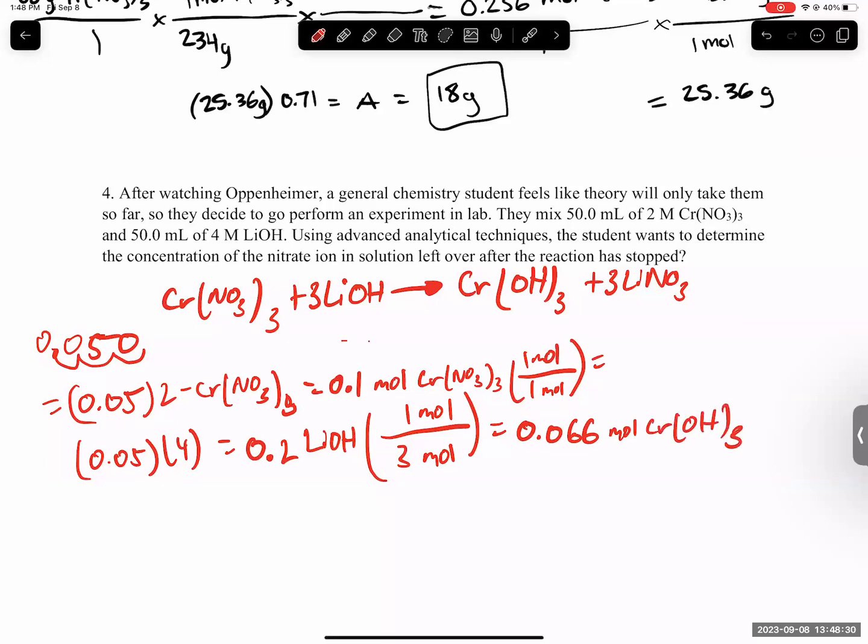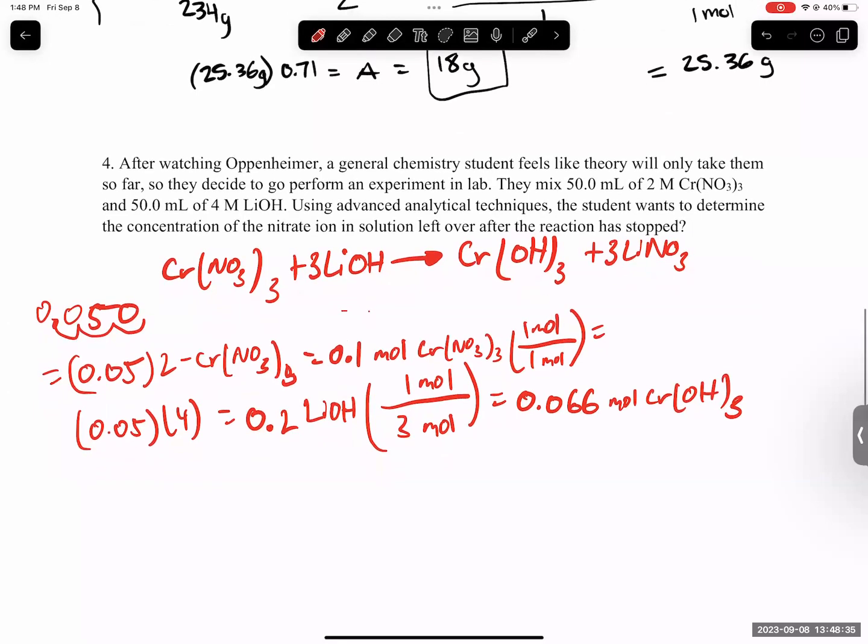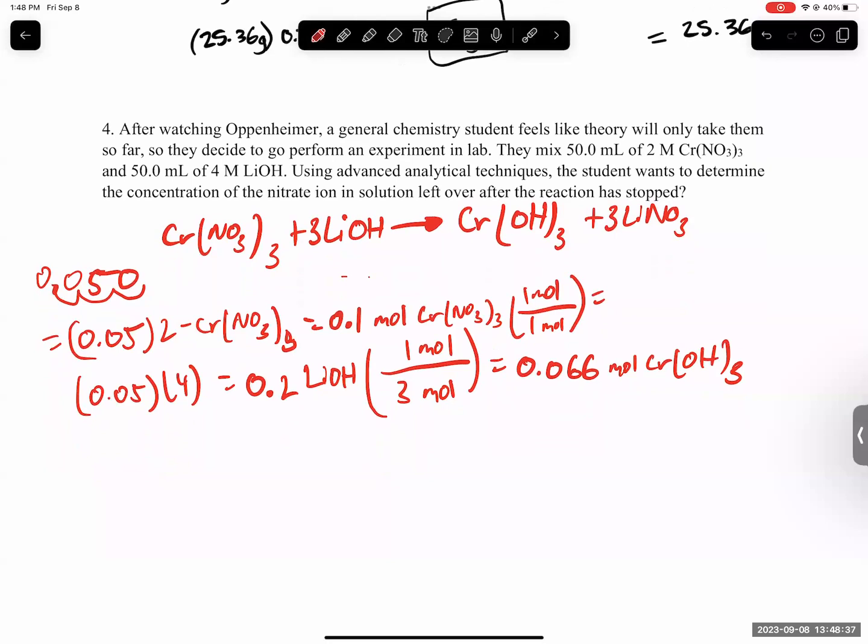All right, 0.066 moles of chromium hydroxide. What does this number mean? Yeah, that's exactly right.